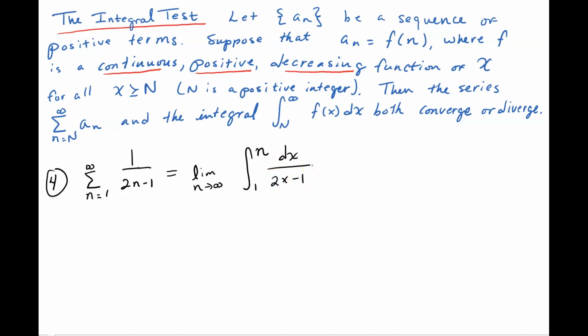So that mirrors the sequence, and this is that substitution that I was getting at, where you say, suppose a sub n equals f of n. This is what we're talking about. We're writing it as this function of x now. So what we're going to do is integrate this. The only way that I know how to really integrate this is by doing a basic u substitution.